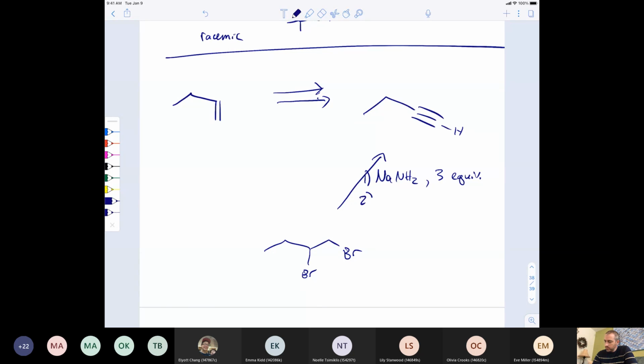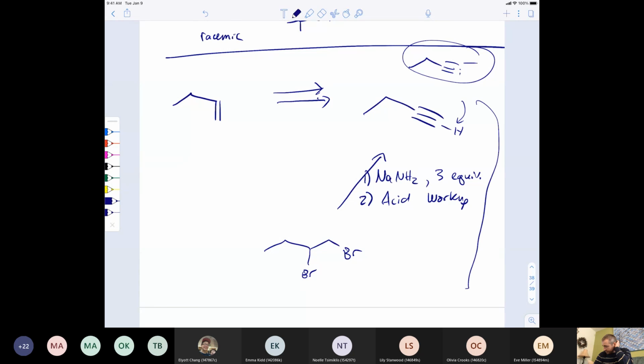Three equivalents. You need to do an acid workup here, because without the acid workup, what you're going to get is this. So you need the acid workup to install that hydrogen back on in the end. So this reaction is how you make alkynes. That's the only reaction we know of in this course that makes a carbon-carbon triple bond.